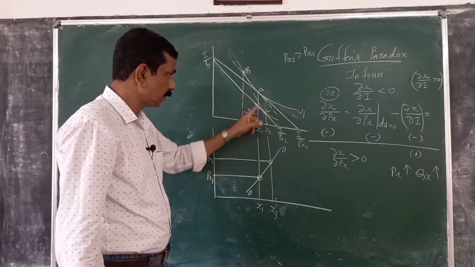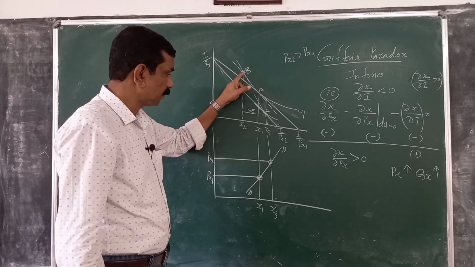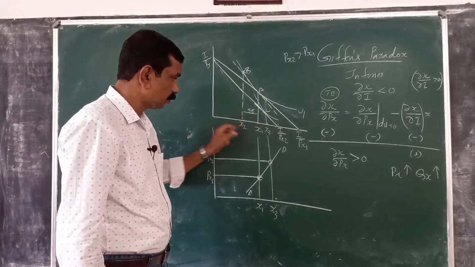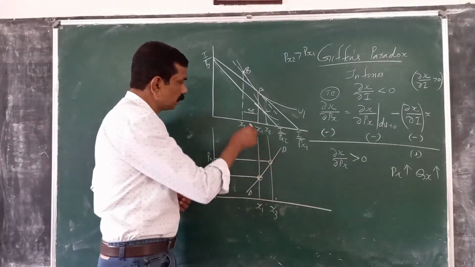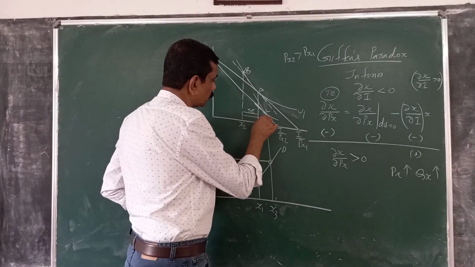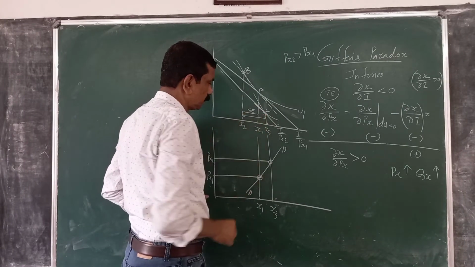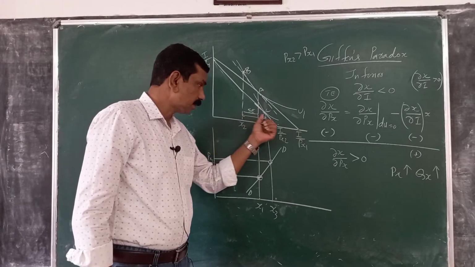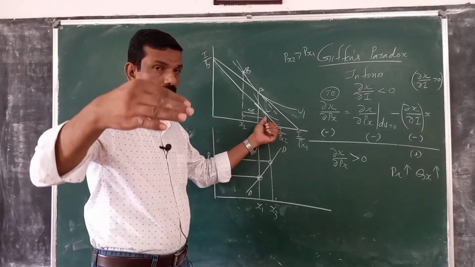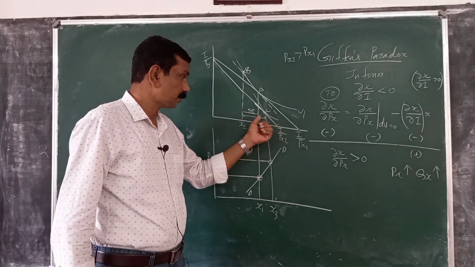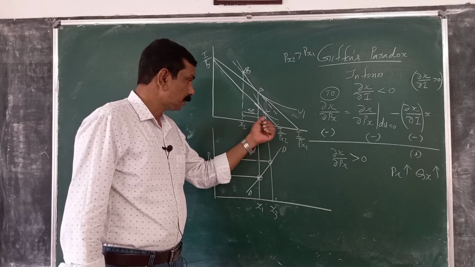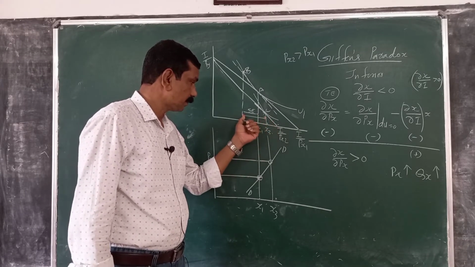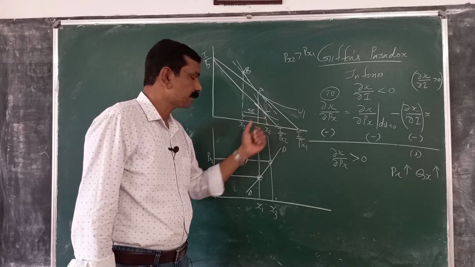Initially equilibrium at A, the substitution effect reduces quantity to x2, but the income effect is much stronger than the substitution effect, so that quantity demanded increases from x1 to x3.